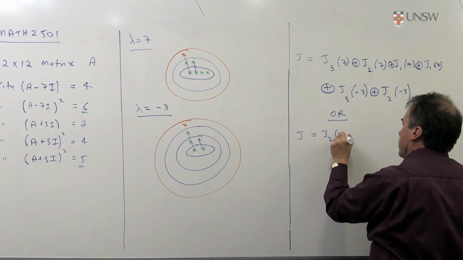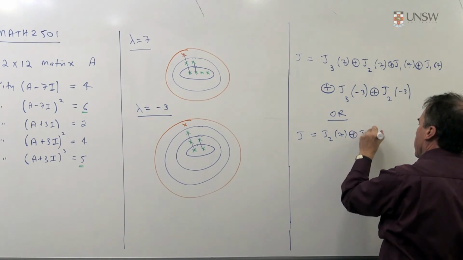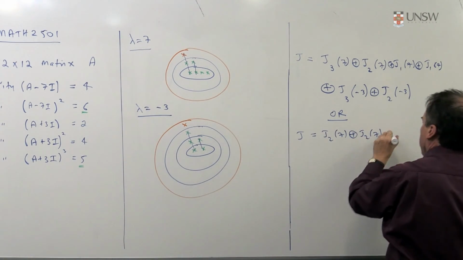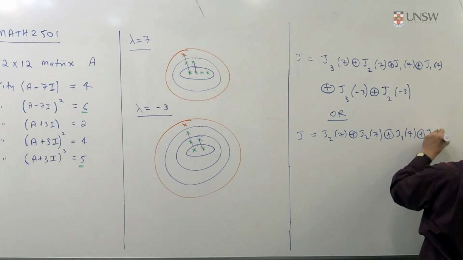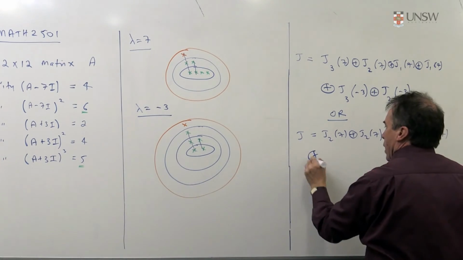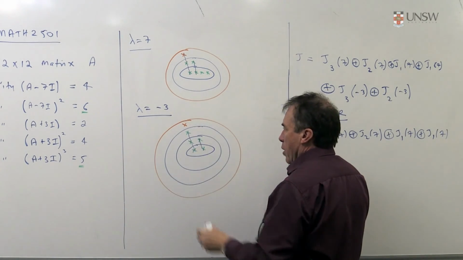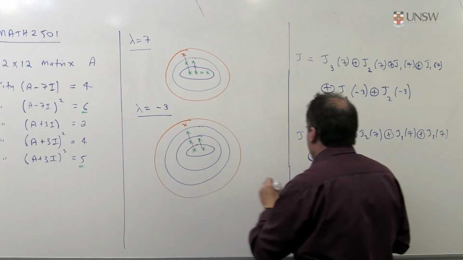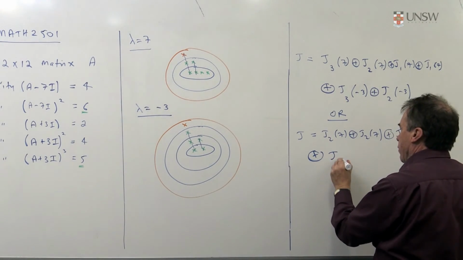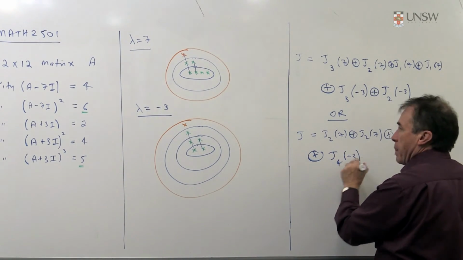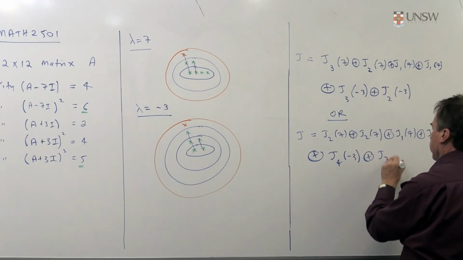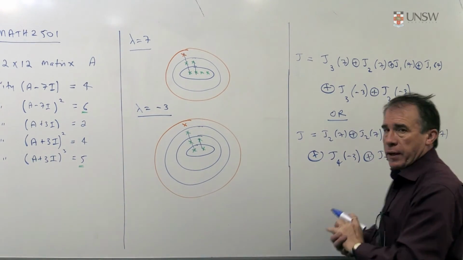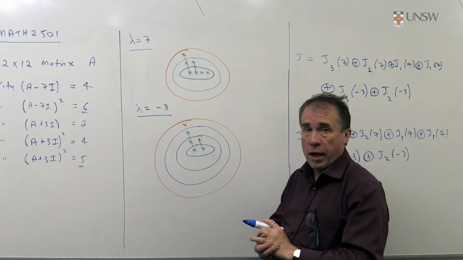So I'd have J2(7) direct sum J2(7) and 2 1 blocks, so the direct sum J1(7) direct sum J1(7). And now for the lambda equals minus 3, I'd have a 4 chain there, giving me a 4 block over here. And then I would have a little 2 1 there. And they're the only possibilities I can have.